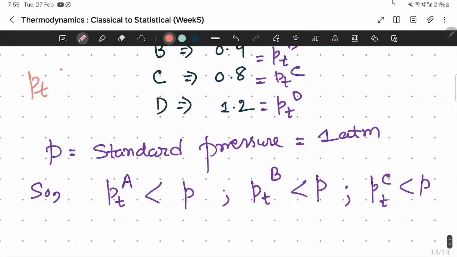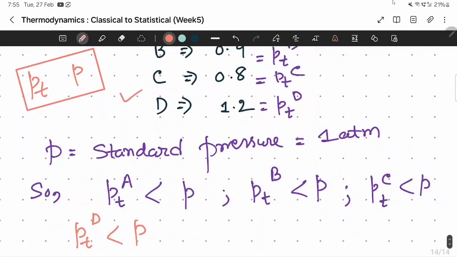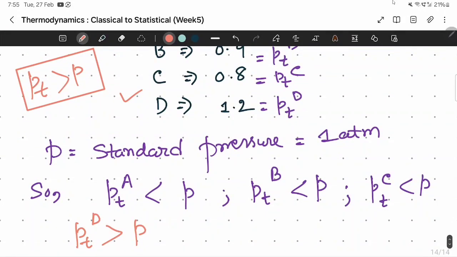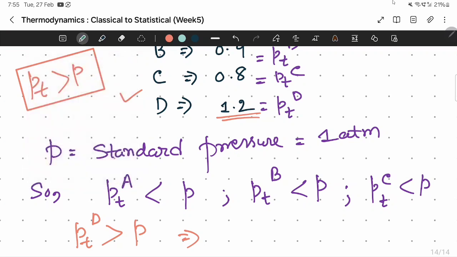That means PT should be greater than P. Then only it will sublime. This we can't achieve for A, B, and C. But for D, PTD is greater than P. What we have written? For sublimation, PT should be greater than P. So for this case, PT is 1.2, it's greater than P. That means D will sublime at standard condition. Okay.